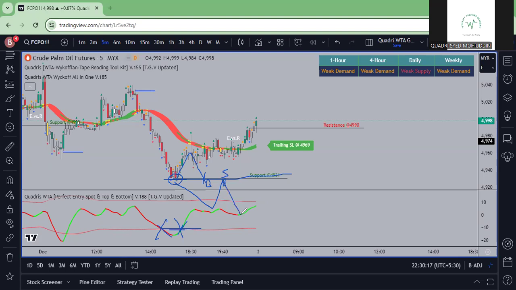So a bottom is formed, and there are two outcomes of a bottom. Price will come back, test, and then it should go upward.